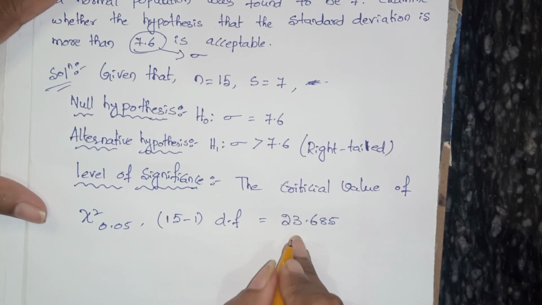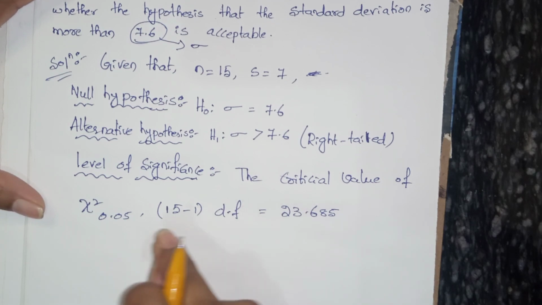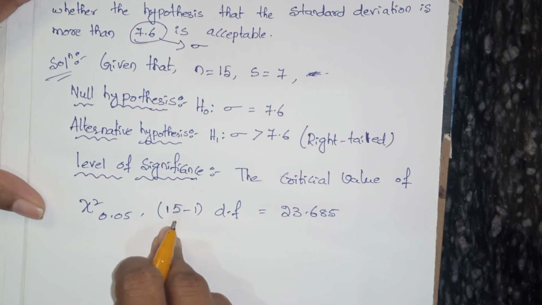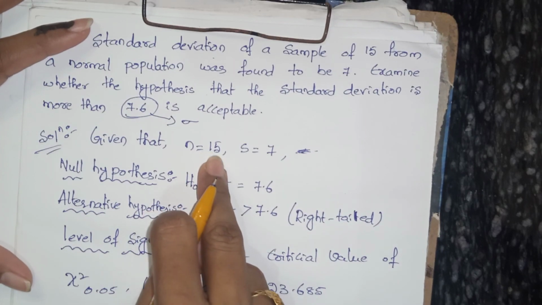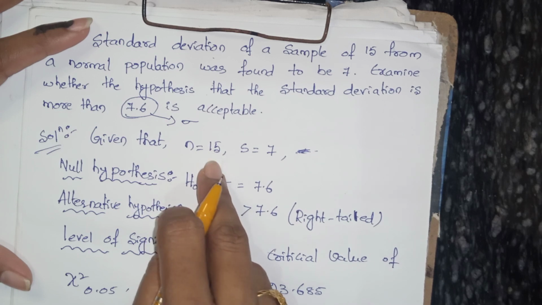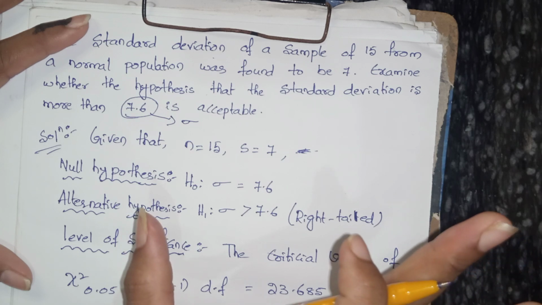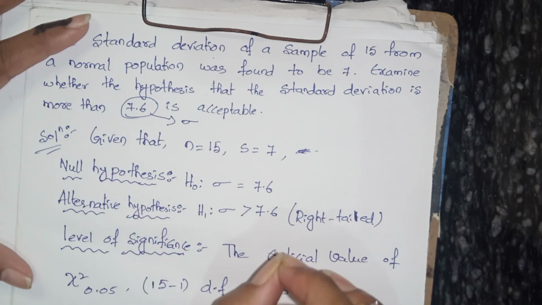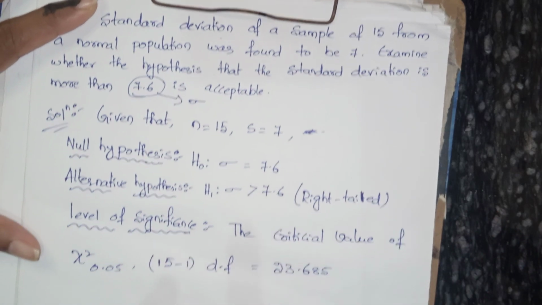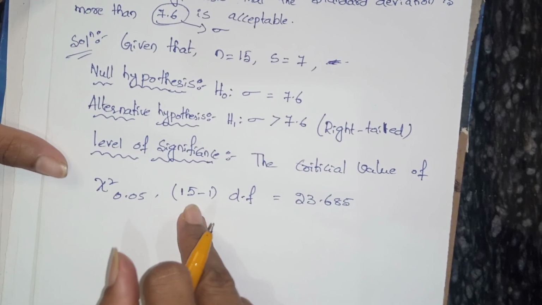This is the table value. It is a small sample because 15 is less than 30. When we use a small sample, we come across degrees of freedom.